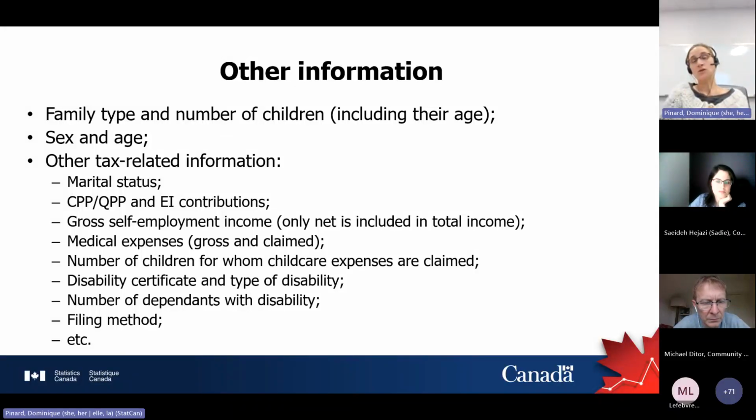So the short answer to the question is no, there's no citizenship status available under TIF, but maybe in the midterm window, it's going to be available. Currently it's available from the Longitudinal Administrative Data Bank. That's a database in the RDC, but I'll go over that in just a few slides.